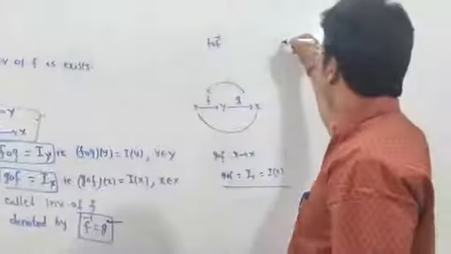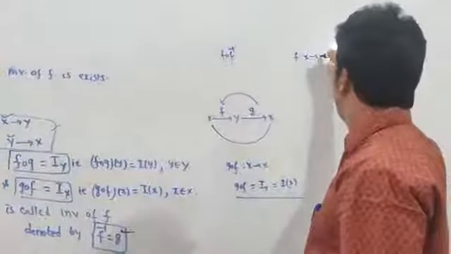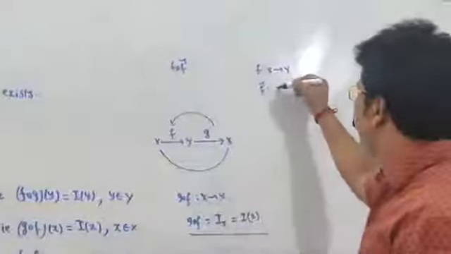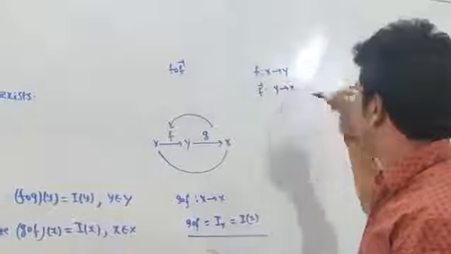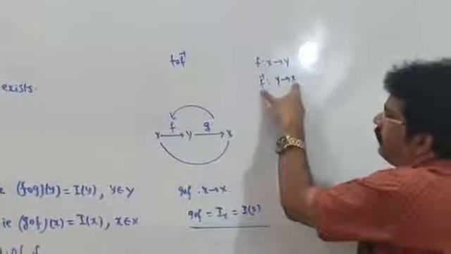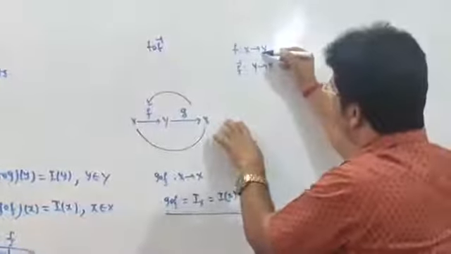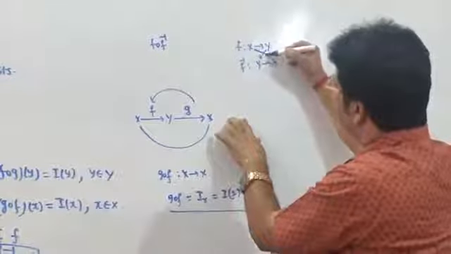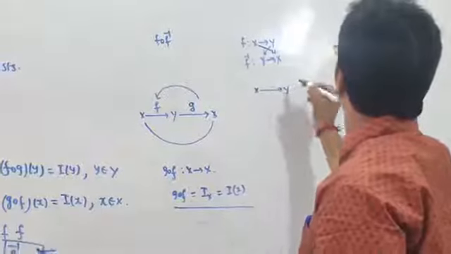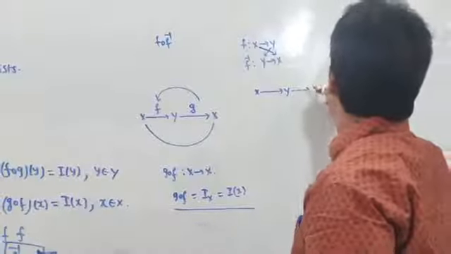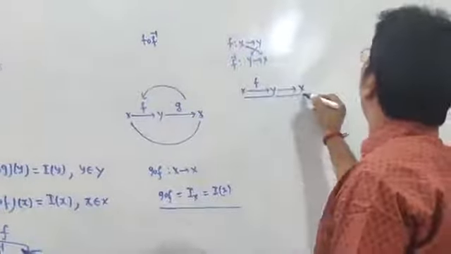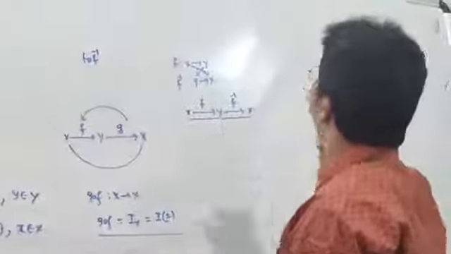Okay. Next, f from X to Y. Then f inverse is defined as Y to X. That means the domain of f becomes the codomain of f inverse, and the codomain of f becomes the domain of f inverse. You observe this. So X to Y is the f function, Y to X is f inverse.